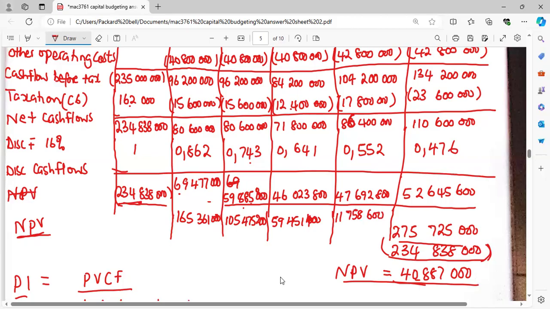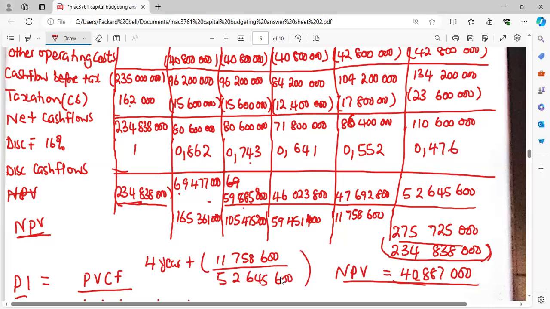Do you see that in year 4, when we go to year 5, we are no more going to be able to subtract this one. So which means we have 1, 2, 3, 4 years. So it's going to be 4 years plus 11,758,600 over 52,645,600.